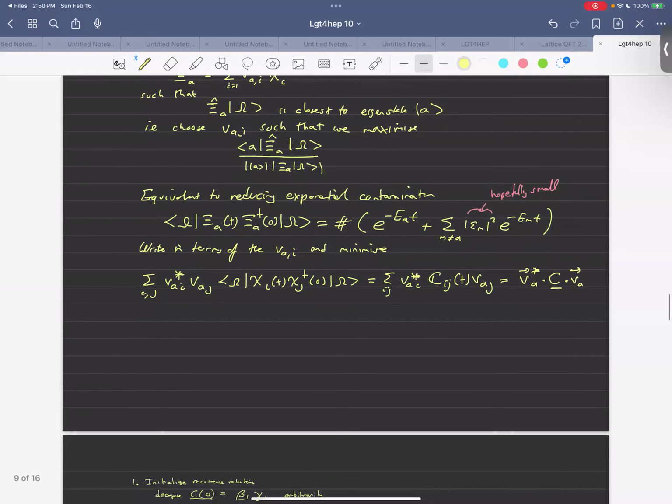So we want to minimize this, but subject to a constraint, because one way to minimize this, of course, is to set the v's equal to 0. So we need some kind of normalization.